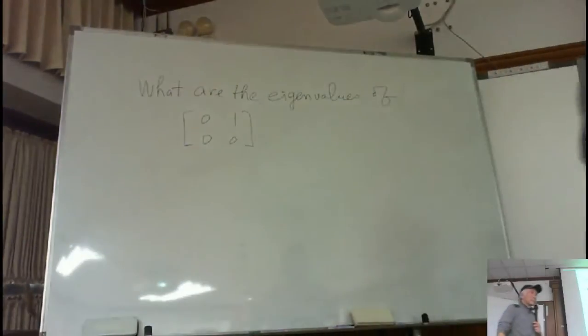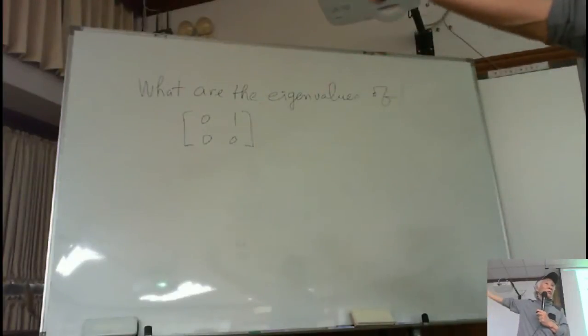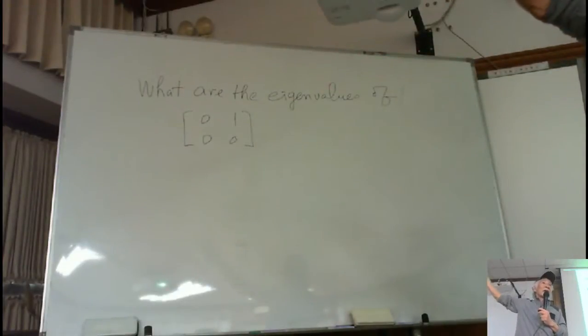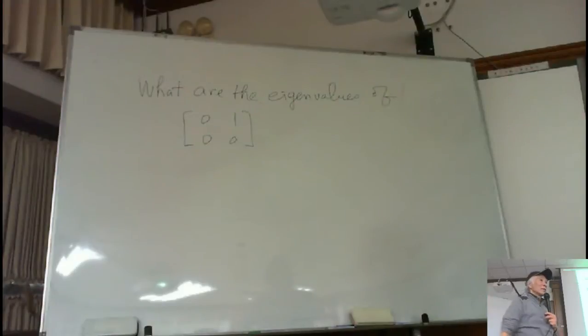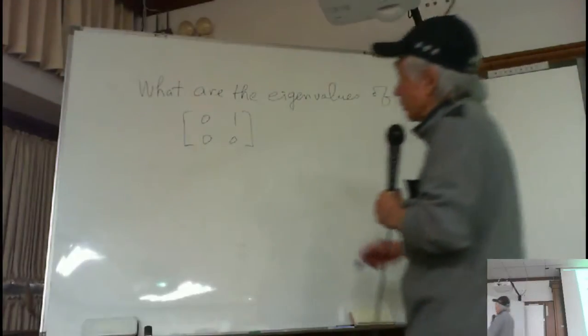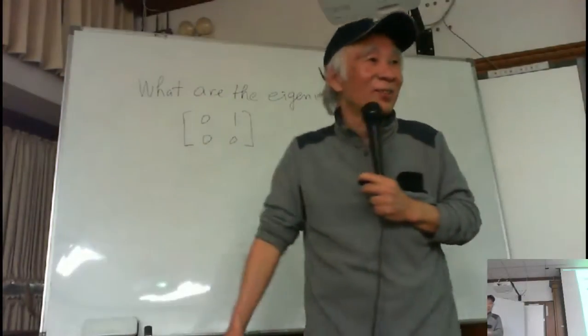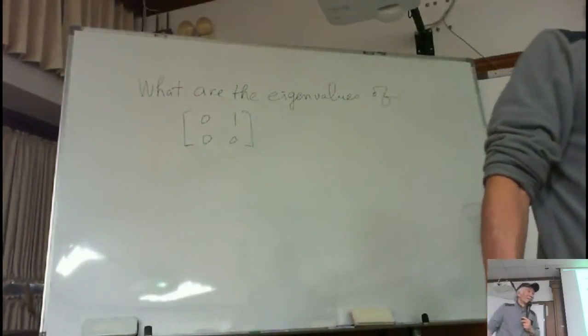What are they? Anybody? No? You don't know? This is the simplest way. It's the simplest matrix you can ever have. 1? You think so? Huh? 0? 0, 1. Or 1, 0, 1, 1.